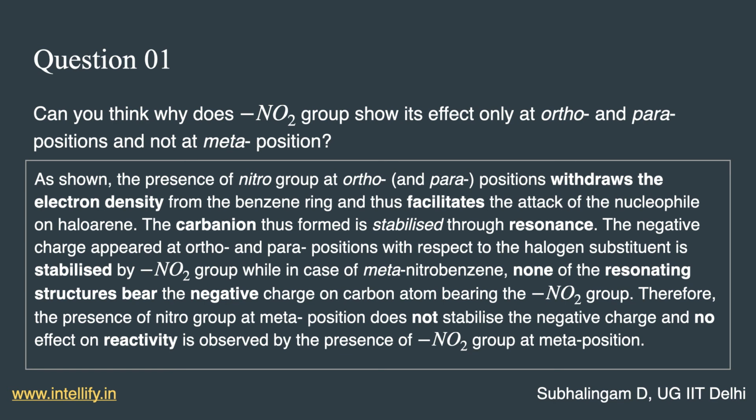The negative charge appearing at ortho and para positions with respect to the halogen substituent is stabilized by NO2 group, while in case of meta nitrobenzene, none of the resonating structures bear a negative charge on the carbon atom bearing the NO2 group. Therefore, the presence of nitro at meta position does not stabilize the negative charge and no effect on reactivity is observed by the presence of NO2 group at meta position.